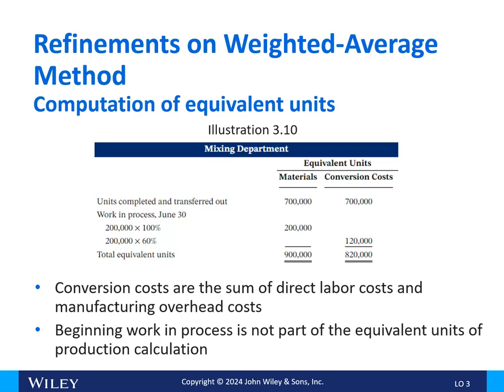Conversion costs are the sum of direct labor and manufacturing overhead. So we separate our direct materials and then combine direct labor and manufacturing overhead to get our conversion costs.